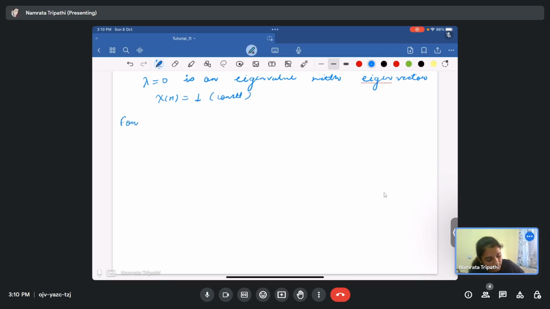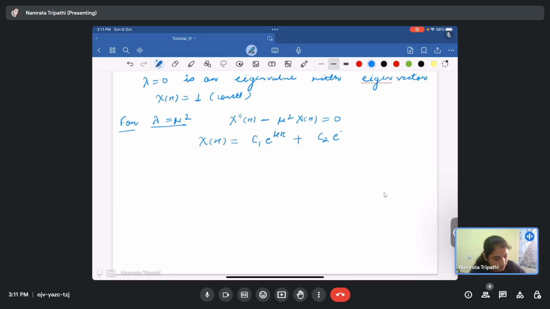Now for the case lambda greater than 0, let's say mu squared, then you will put here, sorry, this is minus. What you will get from here, the solution for X is c1 e to the power mu x plus c2 e to the power minus mu x.